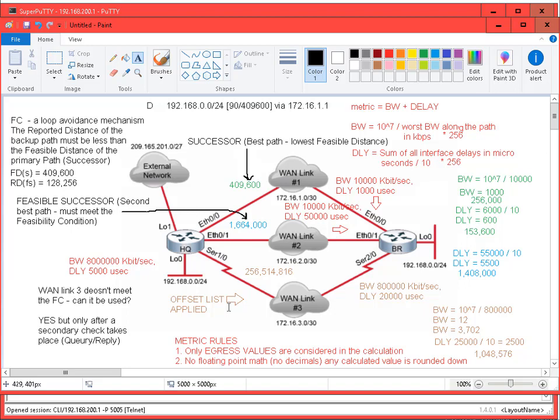Especially in this particular case, it shouldn't take more than a couple of milliseconds. But yeah, that's essentially the way the process works. In fact, I'm going to demonstrate that, and you can see how quickly the route gets inserted into the routing table. All right, and we'll take care of that in a minute here.